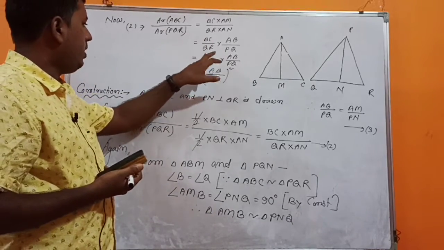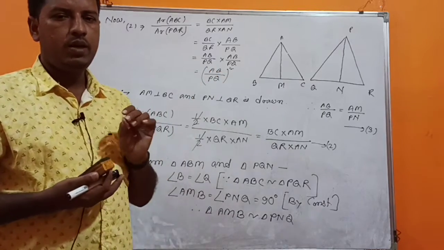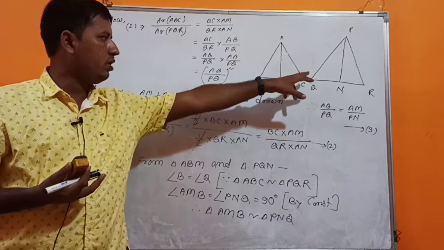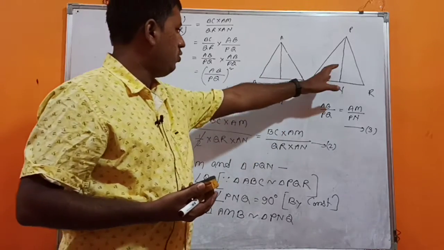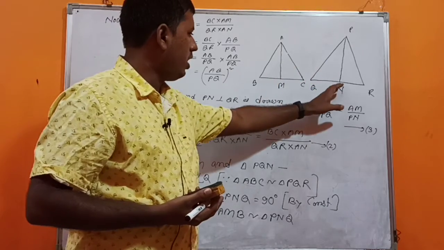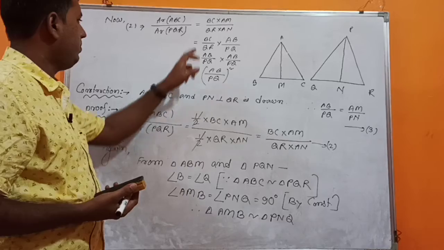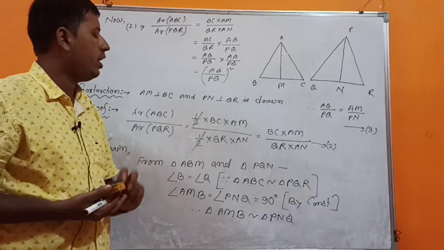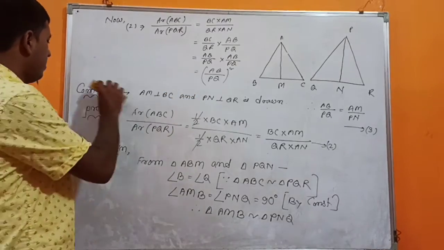BC by QR I have written AB by PQ, from where? In the given part I have written, given triangles ABC and PQR are similar, it means AB by PQ equal to BC by QR is equal to AC by PR. For that I have written in BC by QR portion AB by PQ to find the square. Okay, hope that you have understood these things.